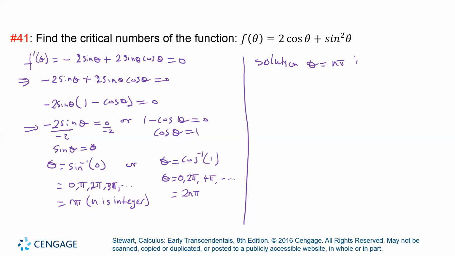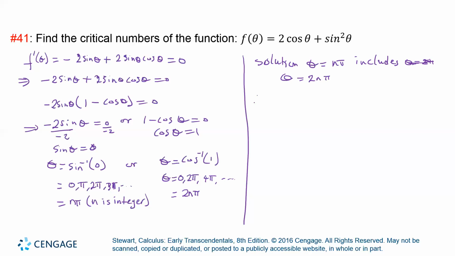This includes all the angles theta equal to 2n pi.